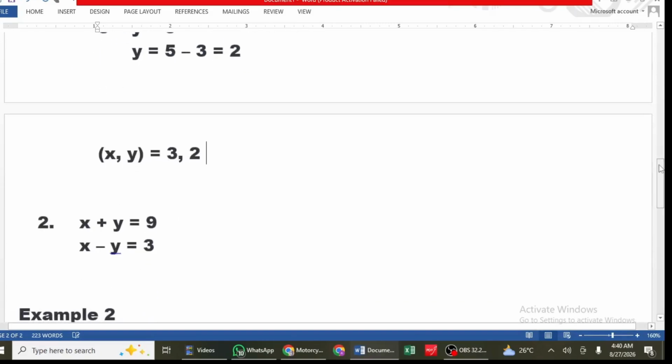Let us consider another example. x plus y is equal to 9, then x minus y is equal to 3. Let's call the first one equation 1. Now the second one equation 2.